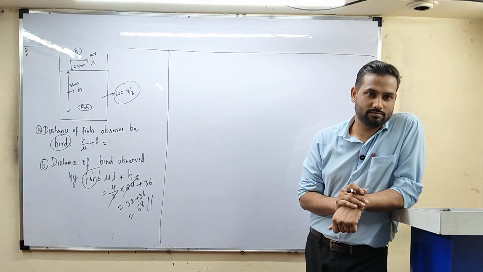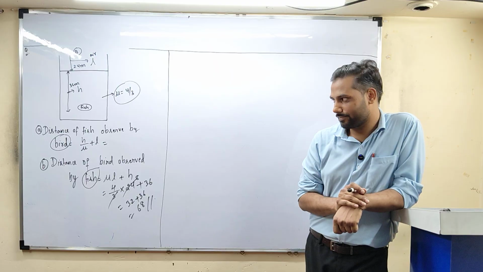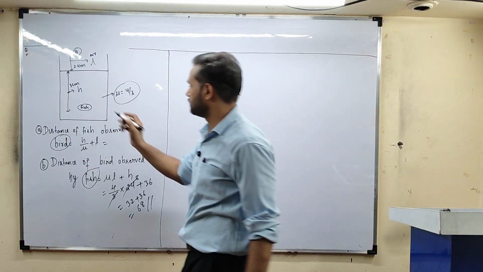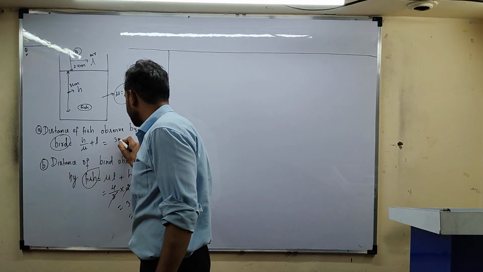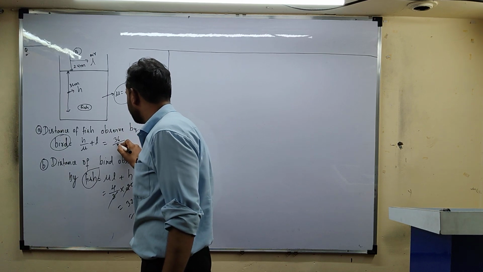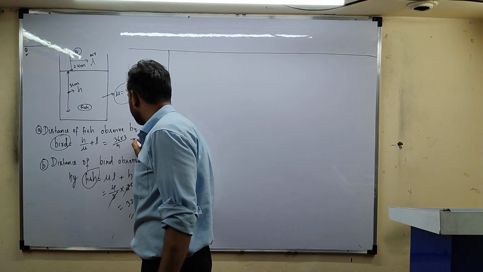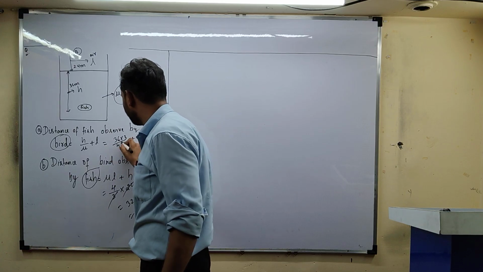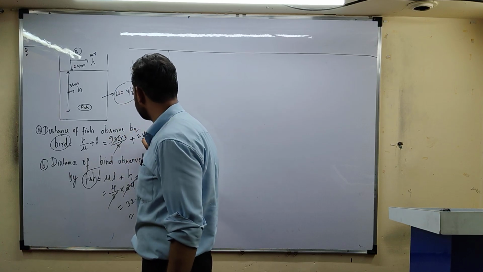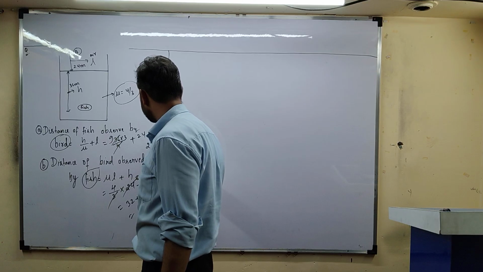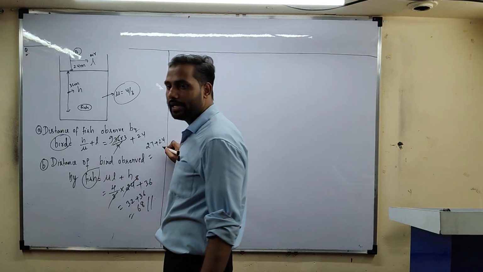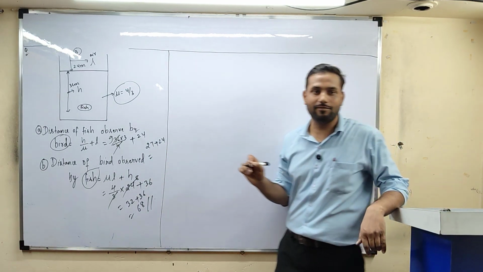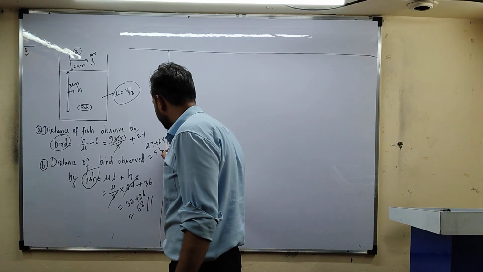Be clear. H is 36 by mu, 4 by 3, plus L. What is L? 24. 4 9s are 36, 9 3s are 27 plus 24. If we add that, you will get 51.